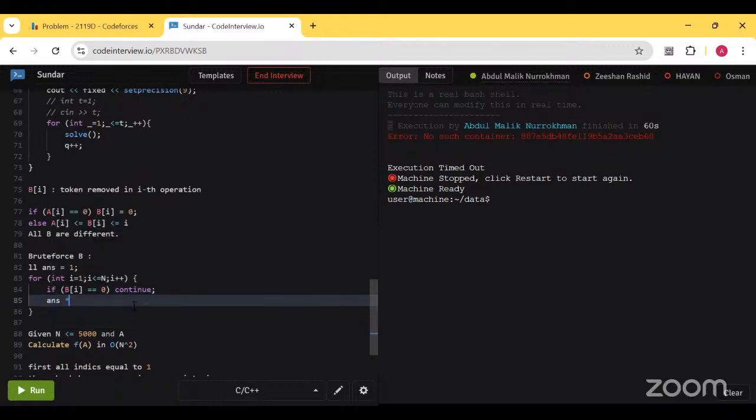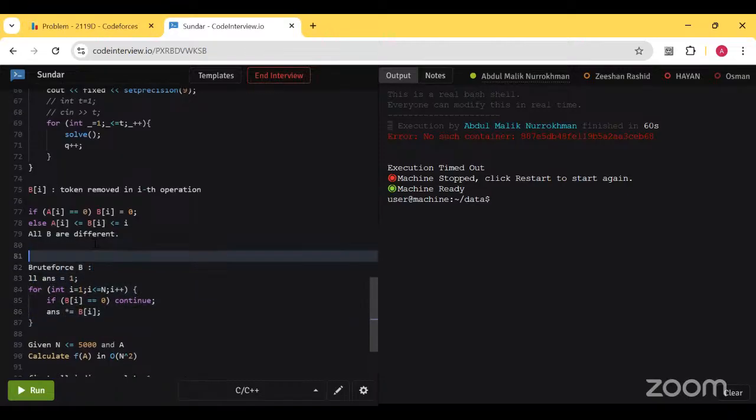So just do this. Is it correct? So this is the solution with complexity n factorial times n. Just brute force P and then do this.